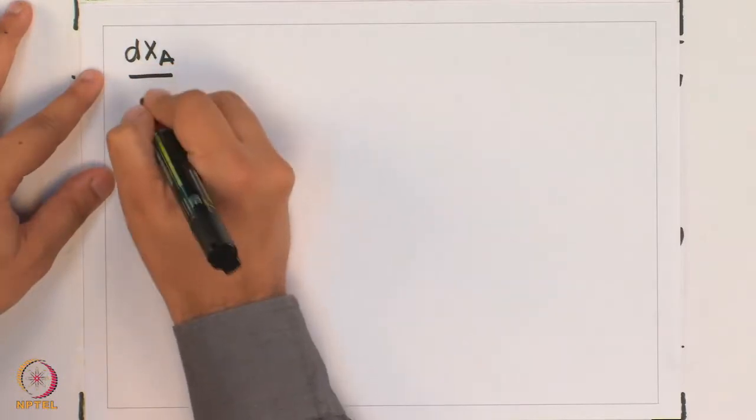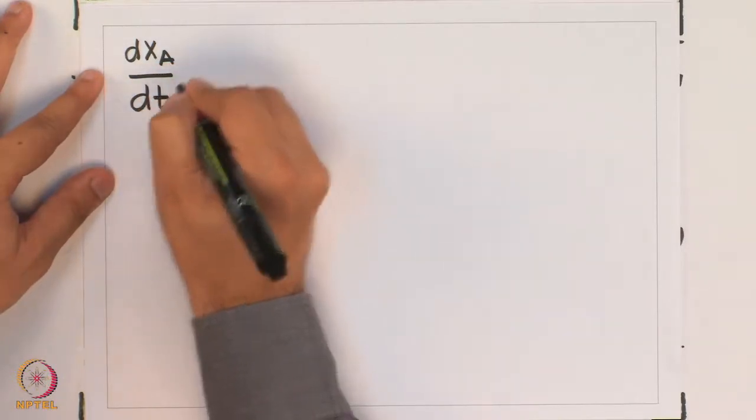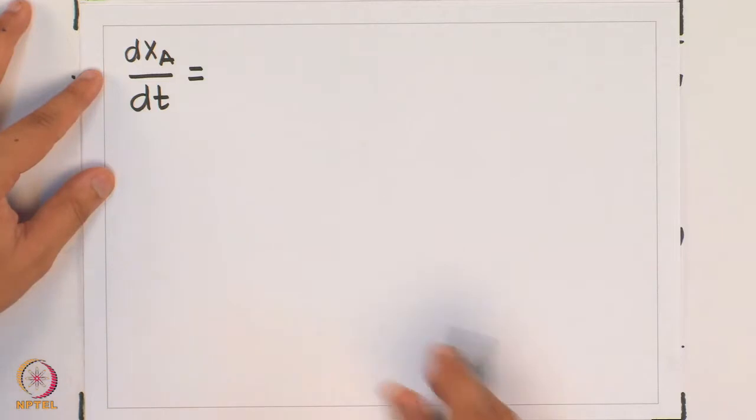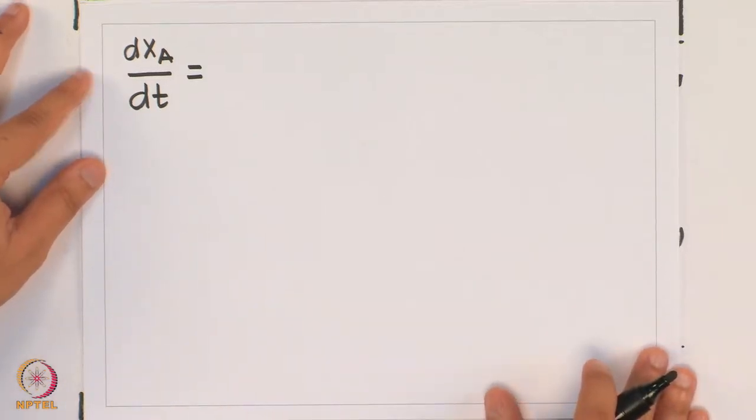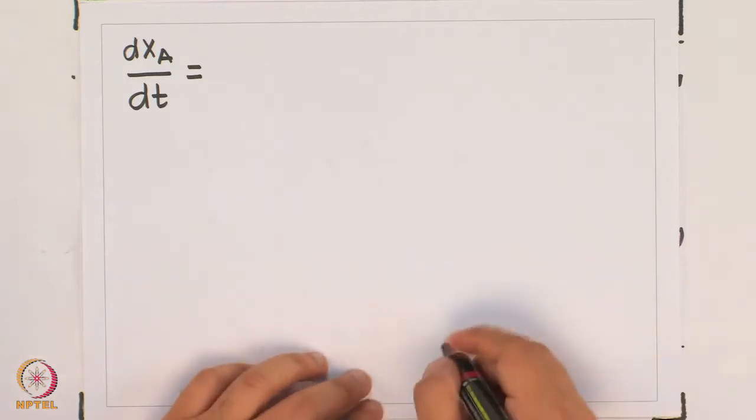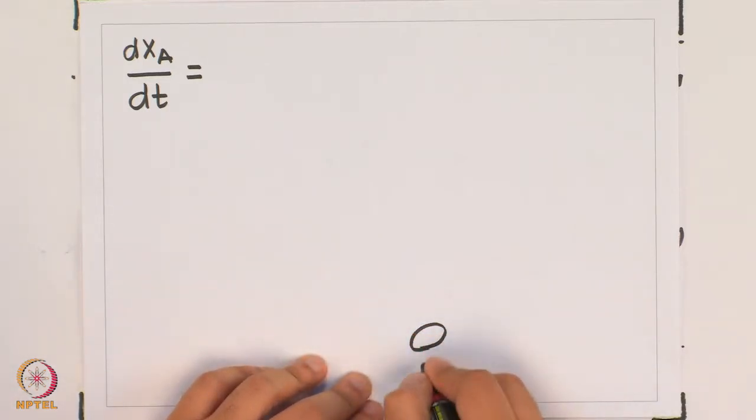Let's start with dxa by dt. Imagine again, for the sake of clarity, let's draw the picture once again.